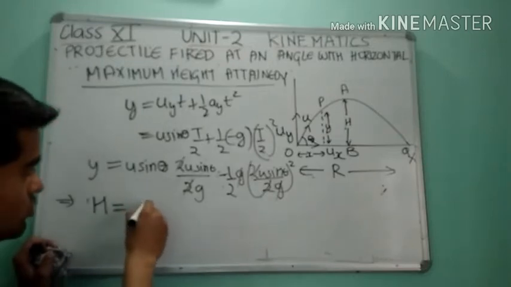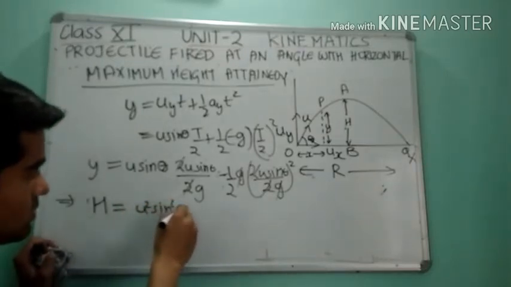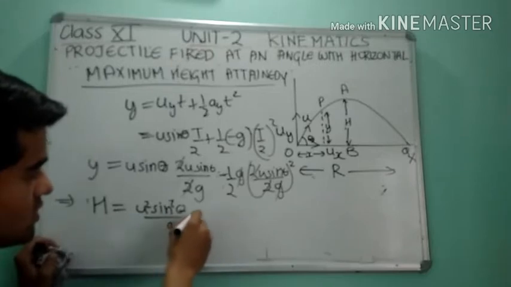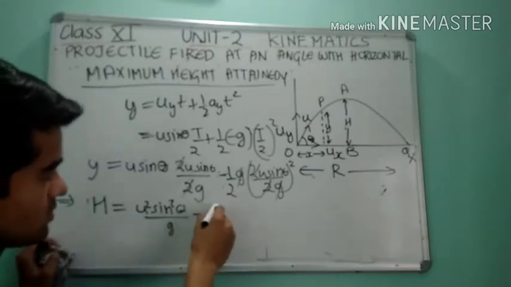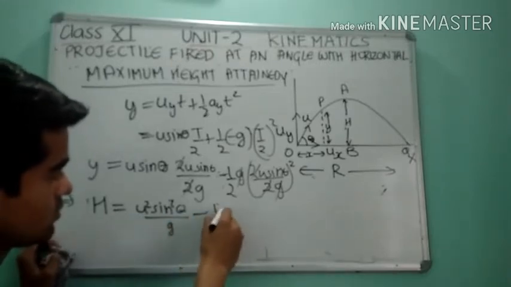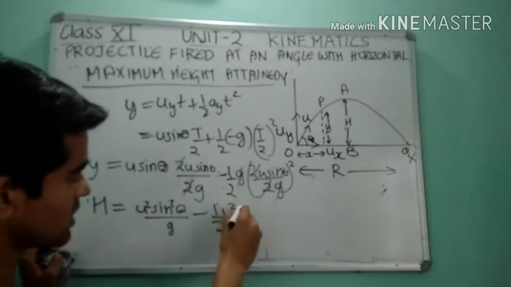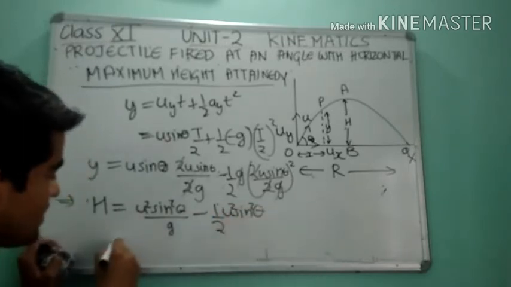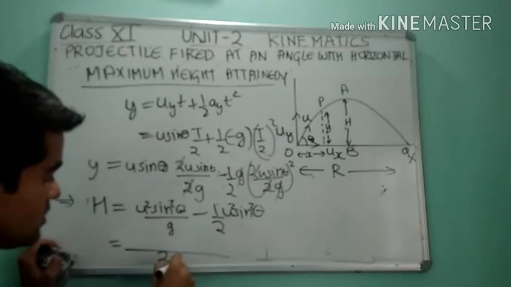This becomes u square sine square theta upon g minus 1 upon 2 u square sine square theta upon g. Taking the LCM, this becomes 2g as the LCM.